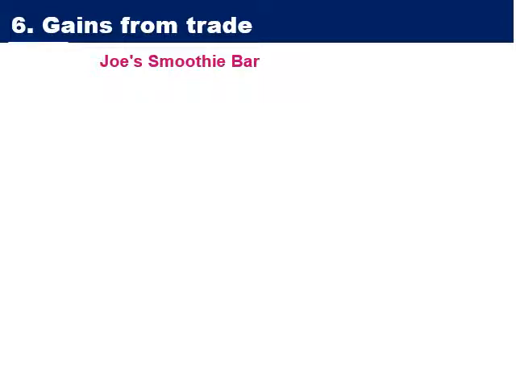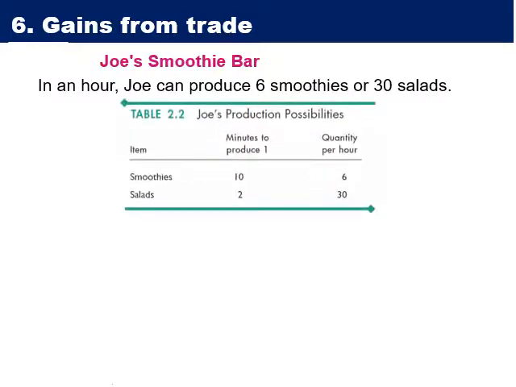In this example, the second person is called Joe, who runs another smoothie bar. As we can see in the table, he produces the same commodities. It takes 10 minutes for him to produce only 1 unit of smoothies, which means that in 1 hour he can produce only 6 units.